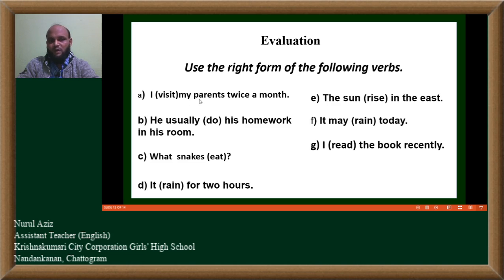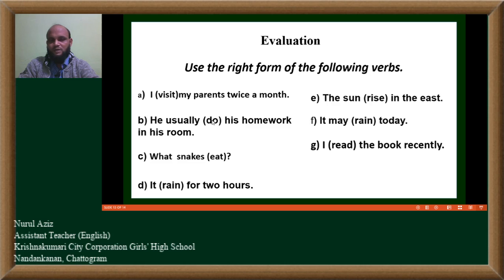So let's see the answer. I visit my parents twice a month. The verb should not be changed because I is in first person and this is in present simple. So the verb will remain unchanged. I visit my parents twice a month. B. He usually does his homework in his room.